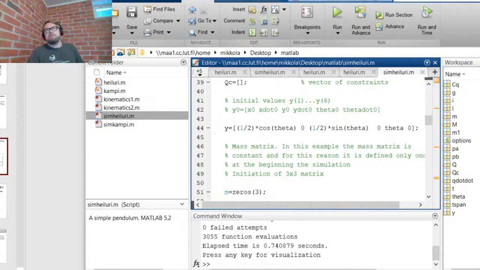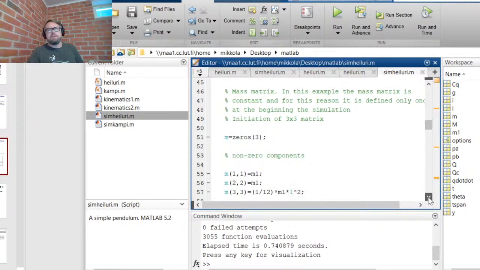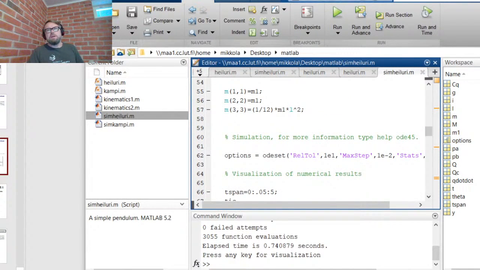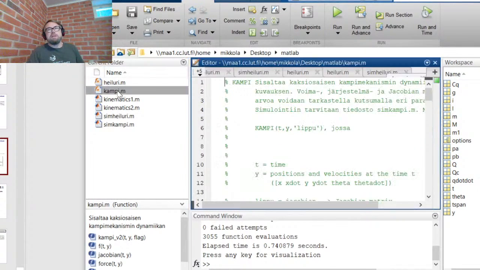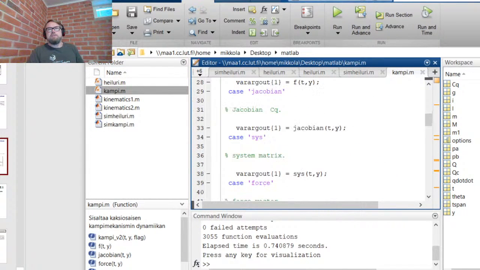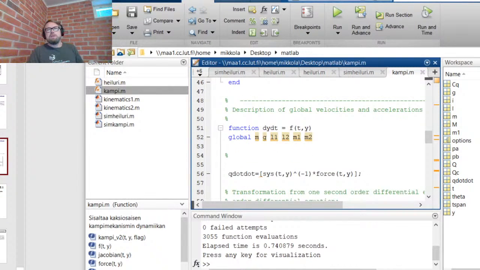This is my initial condition, and then I'm providing the mass matrix, and then I'm just solving this forward in time. And let me show you what the model itself is. This is my model, and what I have here is a Jacobian matrix, another component.